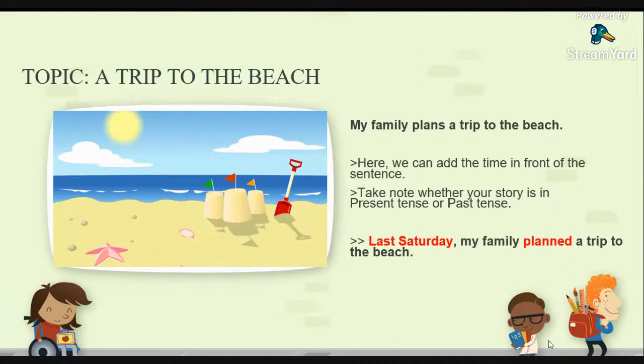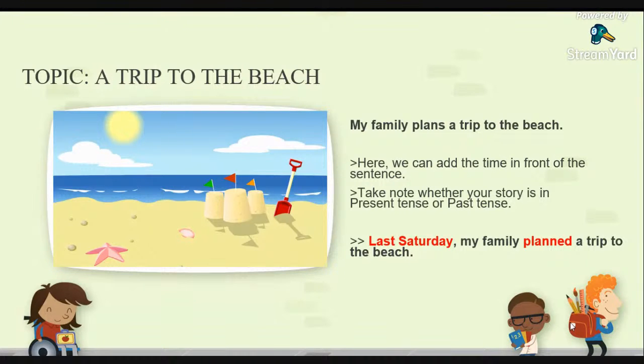Untuk case hari ni, untuk topik hari ni, teacher nak masukkan last Saturday. Okay. Last Saturday meaning it's already happened. When it's already happened, of course the story will be in past tense. So, daripada plans tadi, verb tadi, action tadi, plans, P-L-A-N-S, teacher tukarkan kepada P-L-A-N-N-E-D, planned.